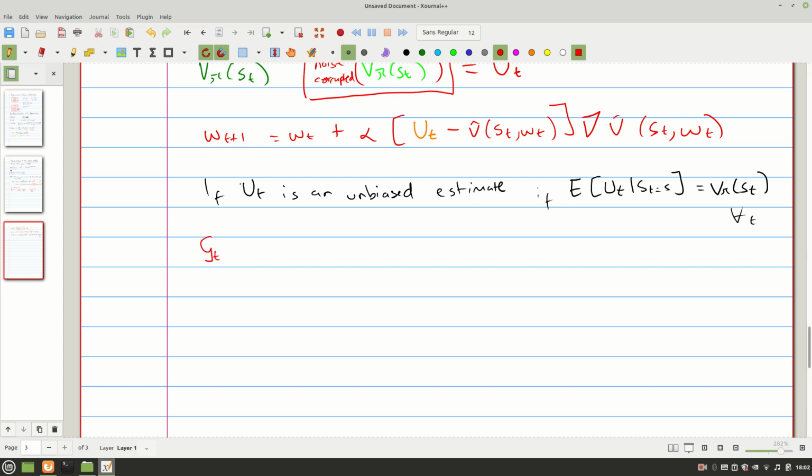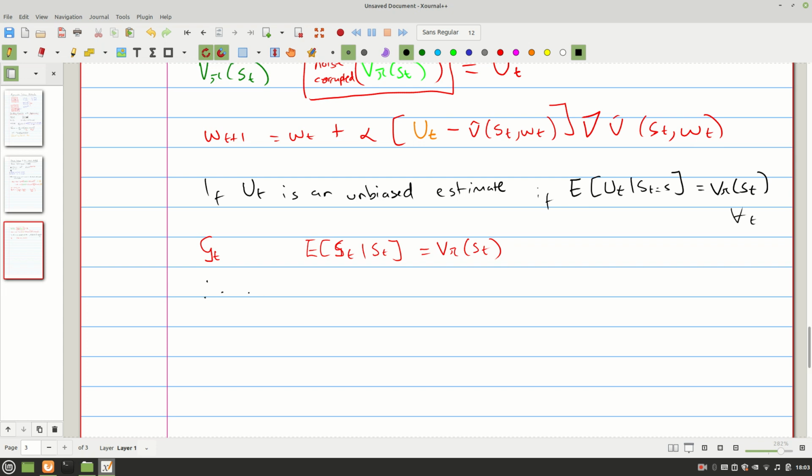If you think about Monte Carlo, we start in a state, and what we're trying to find is the expected value of GT given some state ST, and this eventually gives us V pi of ST. In the case of Monte Carlo, we've seen that this is the case, so we can say that the update rule for Monte Carlo would be unbiased.